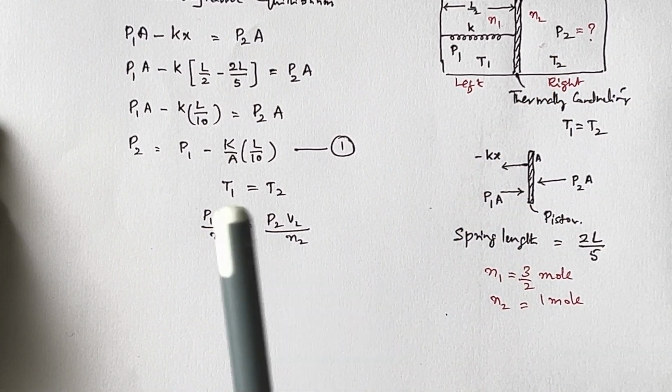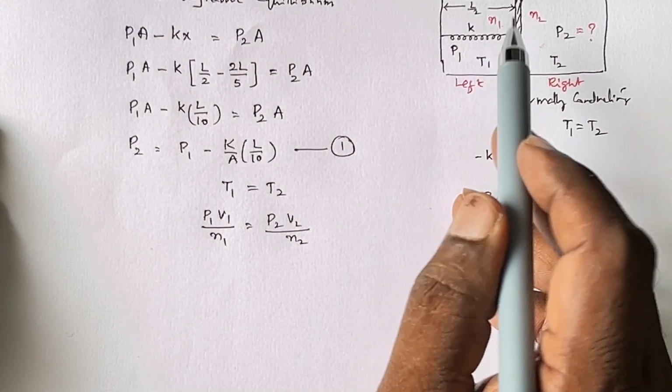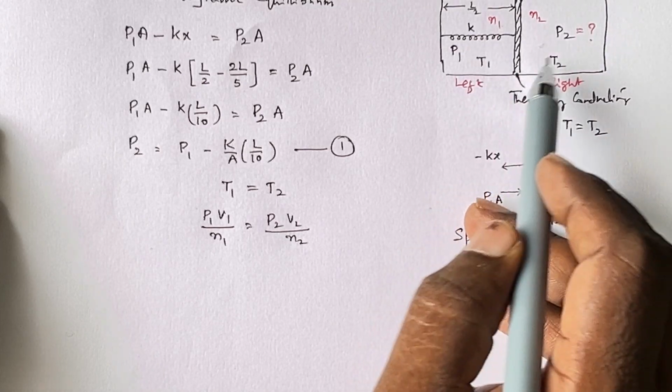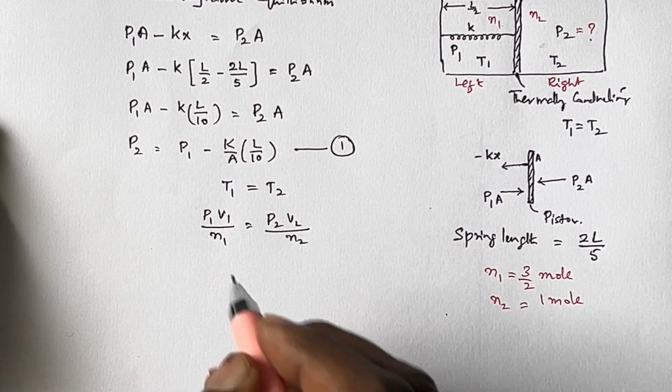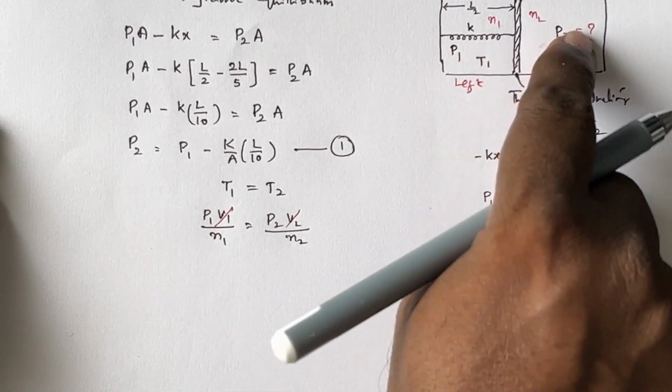Both volumes are the same, because this is L/2 and this is also L/2, so L/2 into A on both sides. So I will cancel these two volumes.